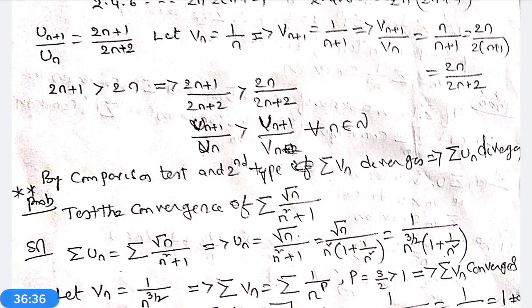Therefore, u(n+1) by u(n) is greater than v(n+1) by v(n) for all n belongs to N. Sigma v(n) is equal to sigma 1 by n, which is sigma 1 by n power p with p equal to 1, by auxiliary series test sigma v(n) diverges.